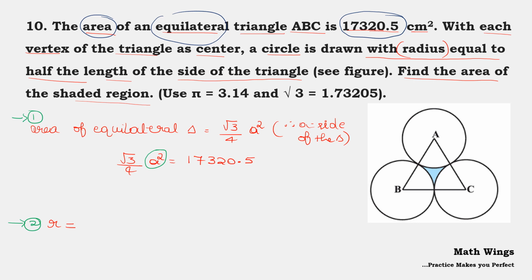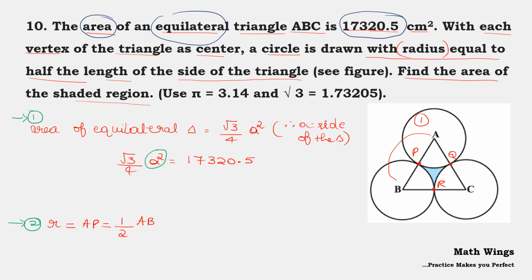So here, if I name these intersecting points as P, Q and R, radius of the circle, if we observe the diagram, I will take circle 1, so I can write AP is equal to half the length of the side of the triangle. With respect to AP, the side is AB over here. So, half of AB, right?